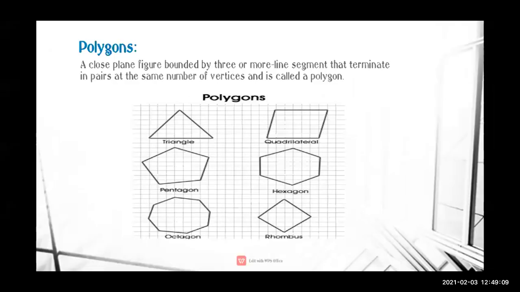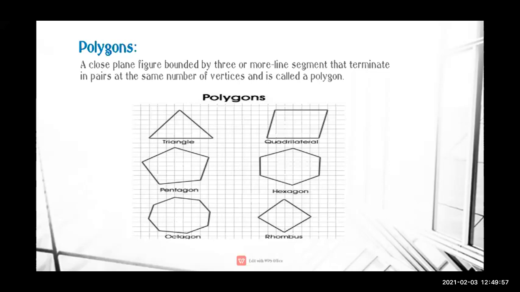A closed plane figure bounded by three or more lines that terminate in pairs at the same number of vertices is called a polygon. A polygon means a figure on a plane which is bounded, closed and plain, joined by three or more lines. That is known as our polygon.